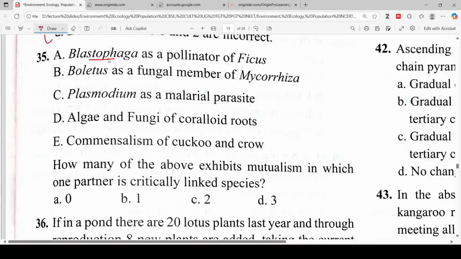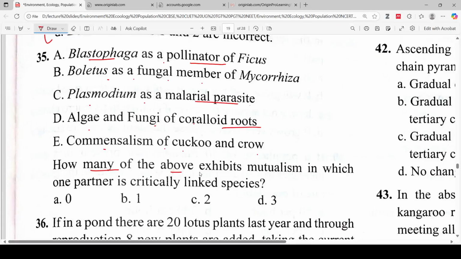Blastophaga as a pollinator of ficus. Boletus as a fungal member of mycorrhiza. Plasmodium as a malaria parasite. Algae and fungi of coralloid roots. Commensalism of cuckoo and crow.